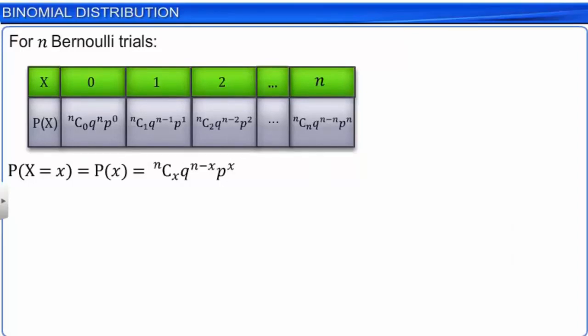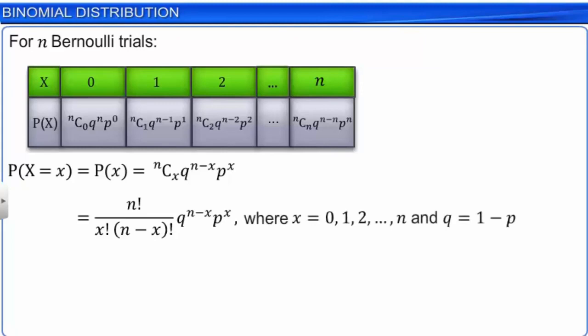Now, nCx can be written as n factorial divided by x factorial into n minus x factorial, where x is equal to 0, 1, 2, and so on till n, and Q is equal to 1 minus P. Here, P of x is known as the probability function of the binomial distribution.